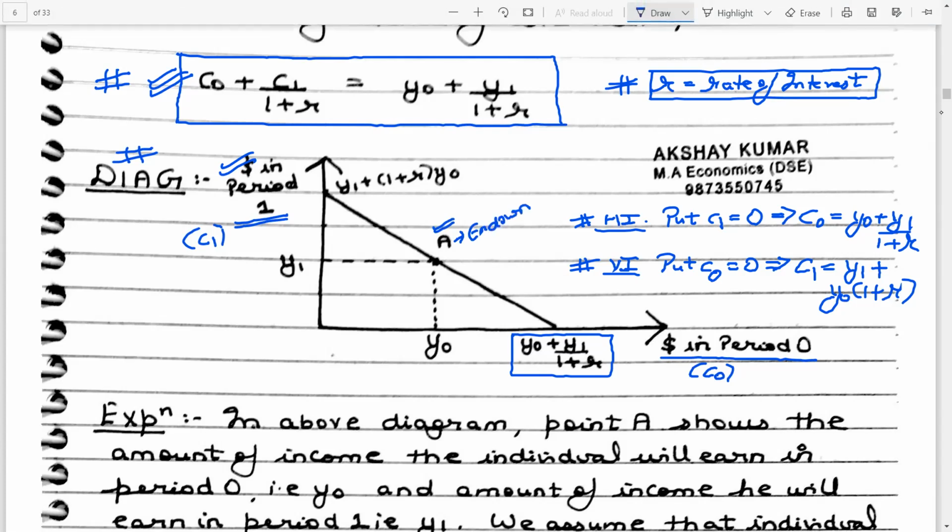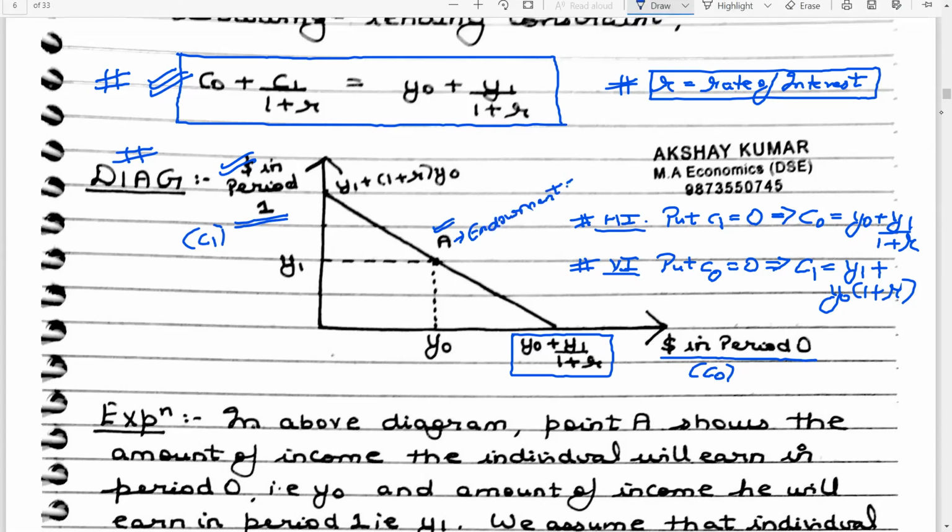Recall in intermediate microeconomics, we used to denote endowment by omega. Students who have taken intermediate microeconomics with me can recall omega denotes the endowment, and the consumer is endowed with Y0 income in period 0, Y1 income in period 1. So point A denotes the endowment.